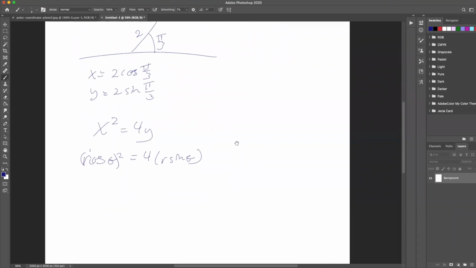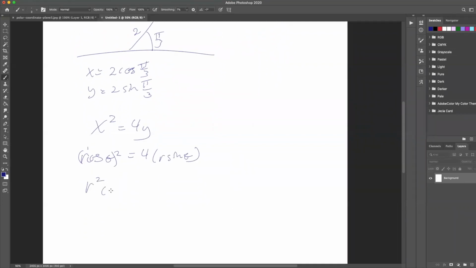Then we have r squared cosine squared theta equals 4r sine theta. We can cross off one r and divide out cosine squared, so we have r equals 4 sine theta over cosine squared theta. And so you can just translate between one and the other.